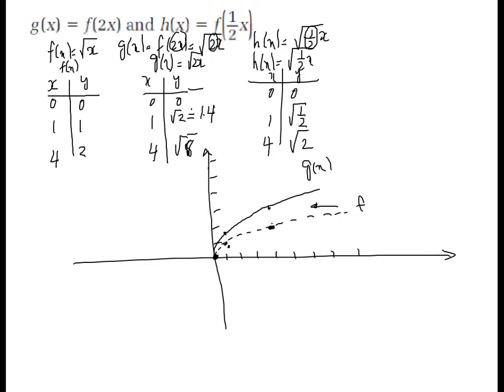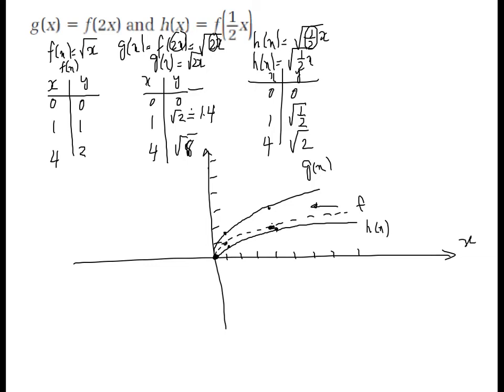And when x is 4, y is 1.4, square root of 2. So it's going to be somewhere around here. So the graph looks like this. So this is going to be your h of x. And as you can see, this is going to be a stretch along the x-axis.